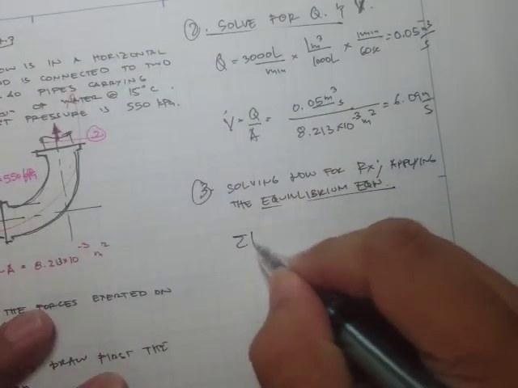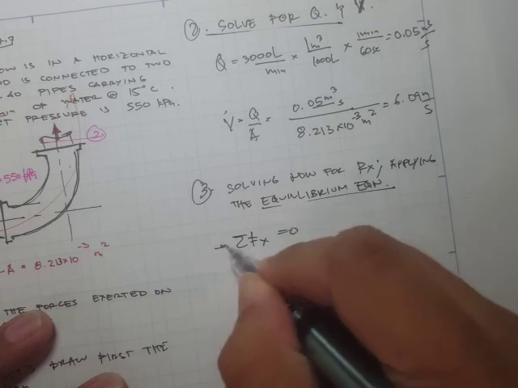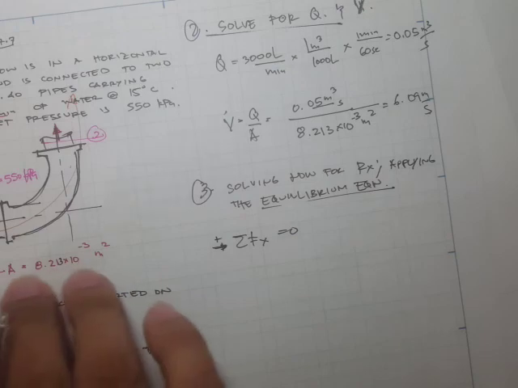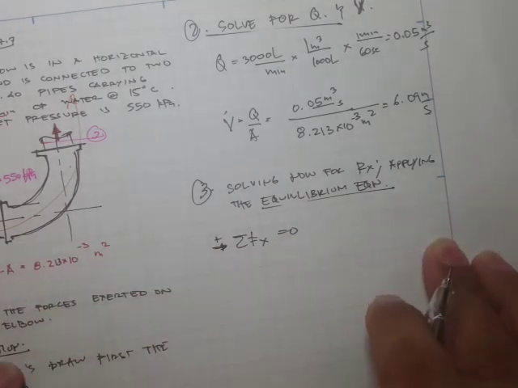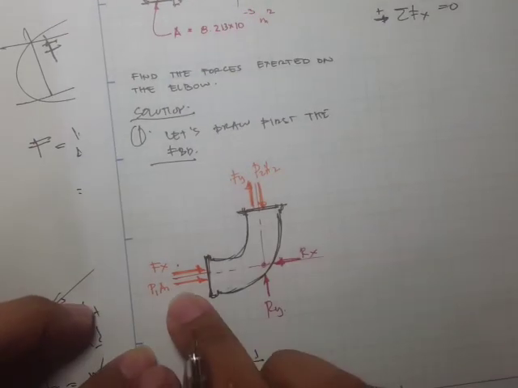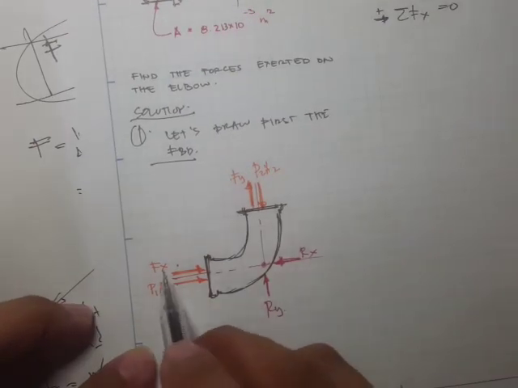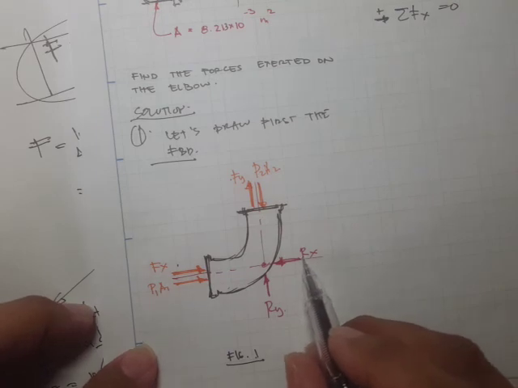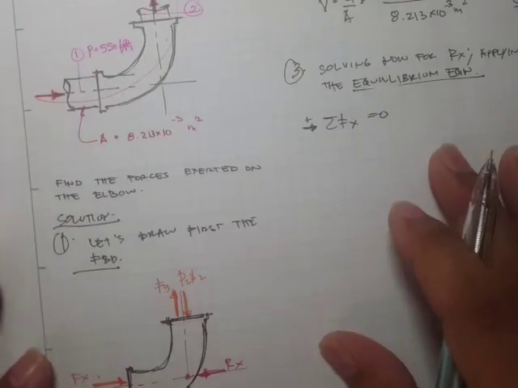So summation of forces in x is equal to 0, and let's assume that forces that go to the right are positive. So we have here P1 A1 plus Fx minus Rx.